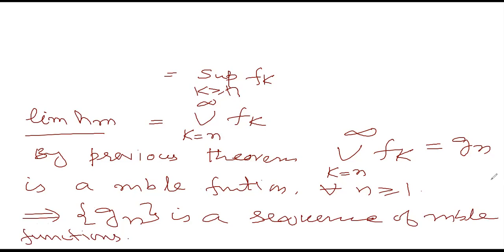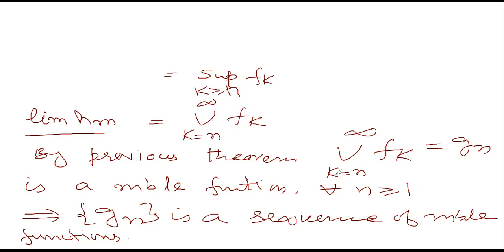And one more thing: this Gn is a decreasing sequence, because G1 will be the supremum with k running from 1 to infinity, and G2 will be the supremum with k running from 2 to infinity. So G2 is the supremum over a smaller set than G1, because G1 is the supremum of F1, F2, and so on up to infinity, G2 is the supremum of F2, F3, G3 is the supremum of F3, F4, G4 is the supremum of F4, F5, and so on and so forth. So you can see this Gn is a decreasing sequence.